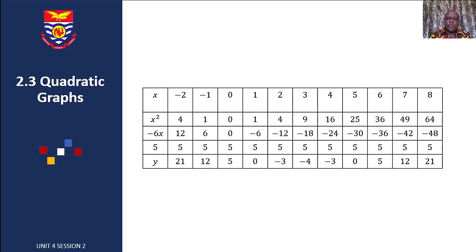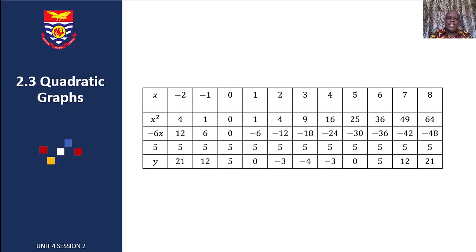To look at the solution for this, we start by drawing a table of values for the function given. The first row of the table contains the x values for the interval given, which is from -2 to 8.